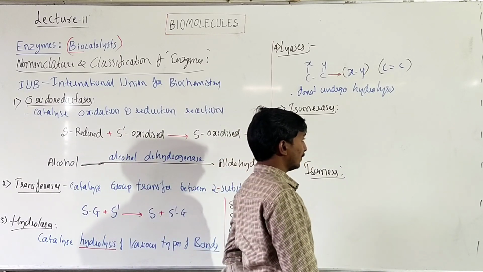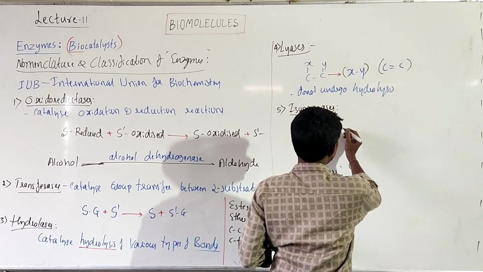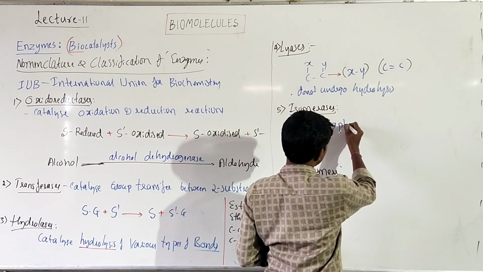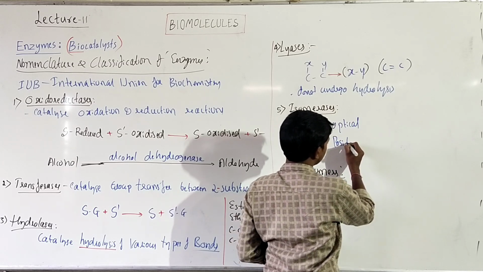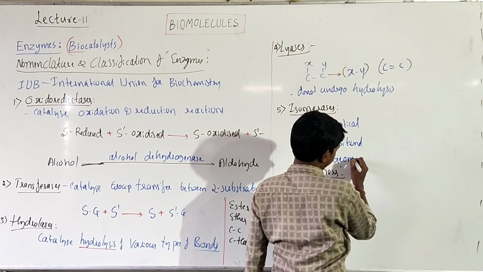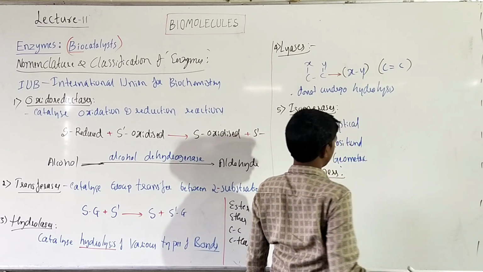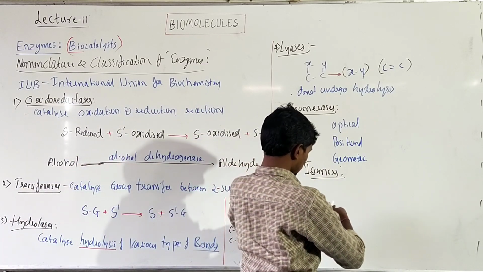So there are many types of isomers, and we will have three: optical isomers, positional isomers, and geometric isomers.